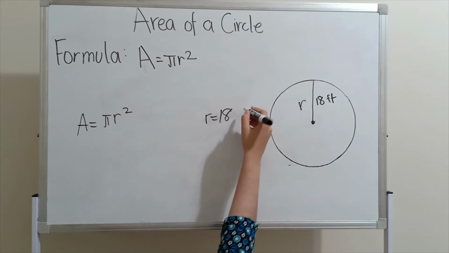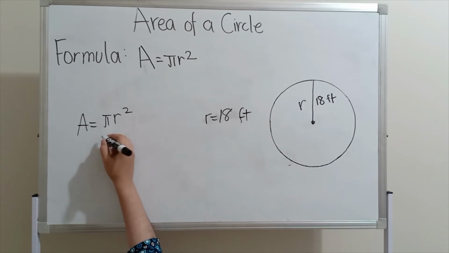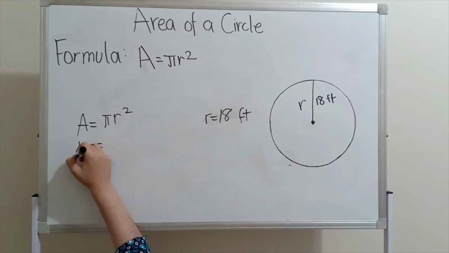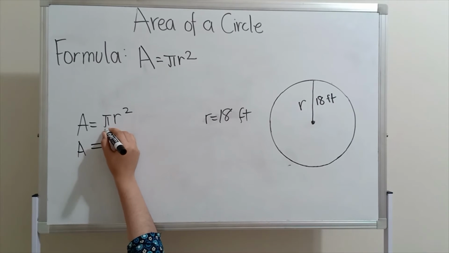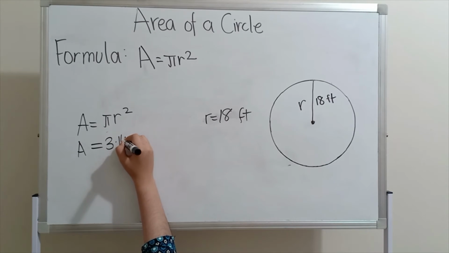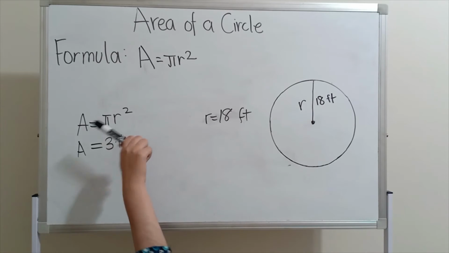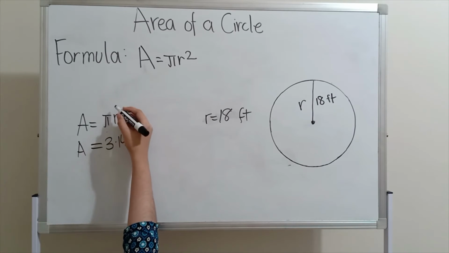So 18 feet. We're only going to use the number for this. Area equals pi. We said that it is going to be turned into 3.14. And again, an important part is that we have to multiply these two.